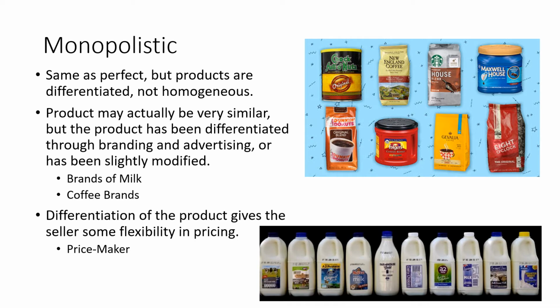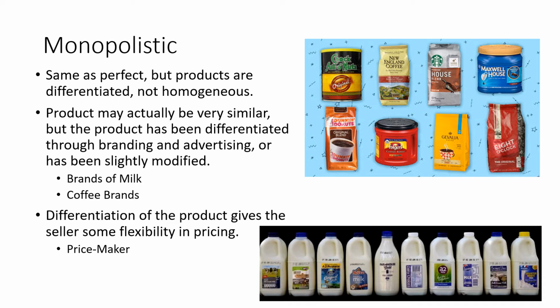So monopolistic basically has a lot of the similar characteristics to perfect competition, but the product has been differentiated in some way. So I know I used the example of milk earlier, but milk might be milk, like Great Value milk might actually come from the same processing plant as Dean's milk or as Prairie Farms milk, or at least from similar producers doing the same types of things and meeting the same types of standards.